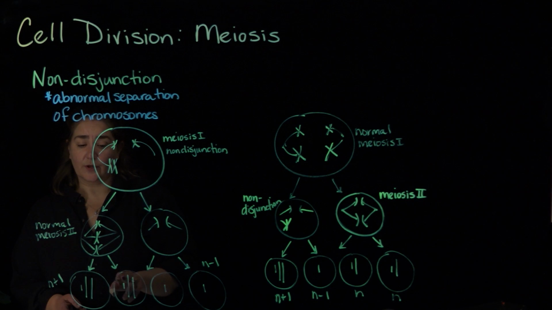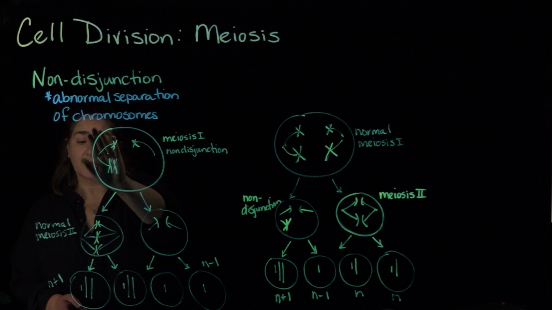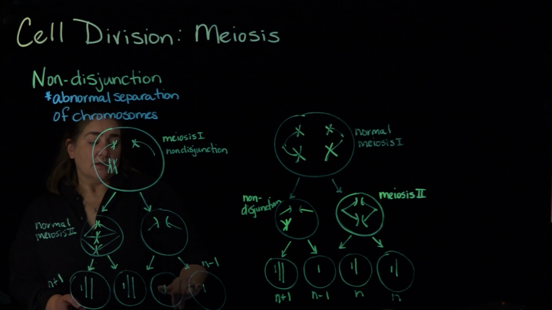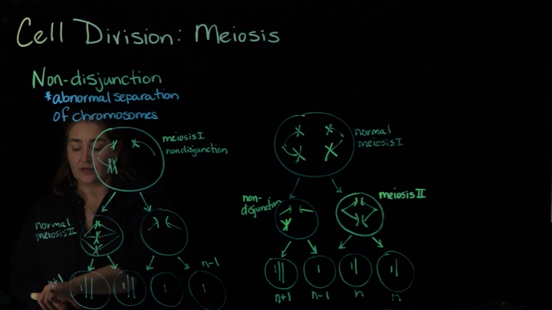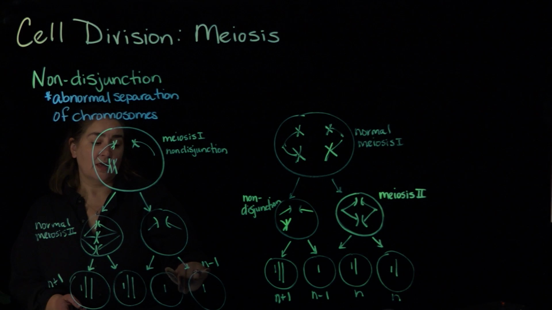What we end up with is an extra chromosome where the homologous pair didn't separate, and the other cells are missing one. The way we denote that is N+1, haploid plus 1 chromosome, and N-1, haploid minus 1 chromosome.